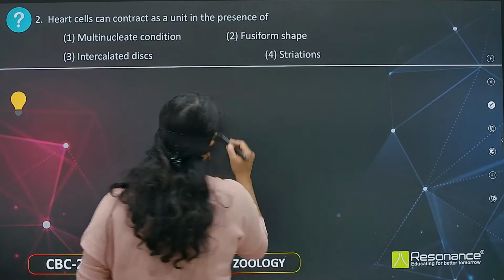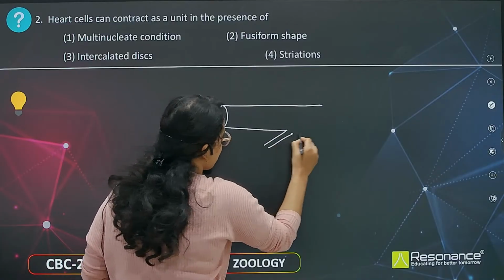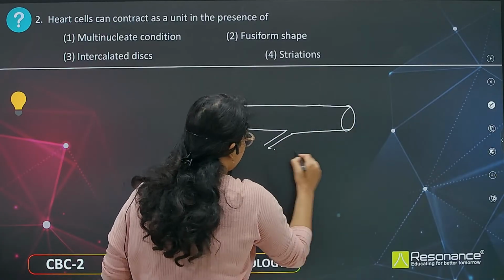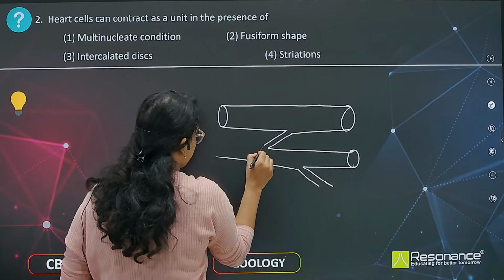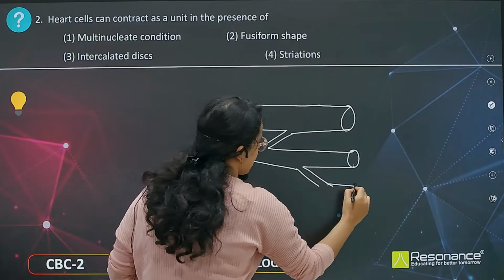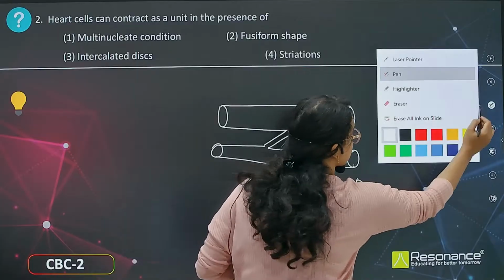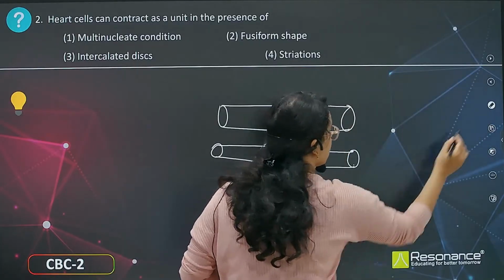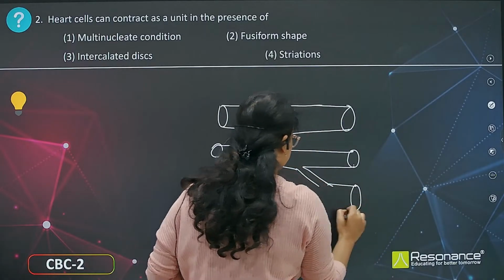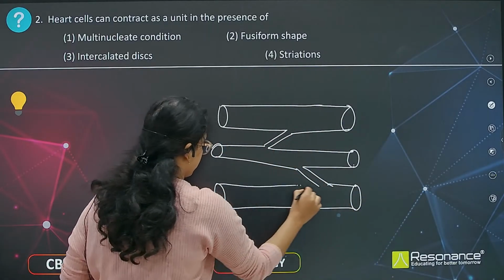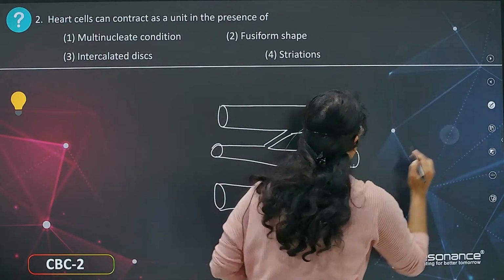So this is, if you see, as I have told you, branches are present in the heart. So these branches are connecting one heart muscle to another. So the connective structures, I'm going to highlight those connective structures.